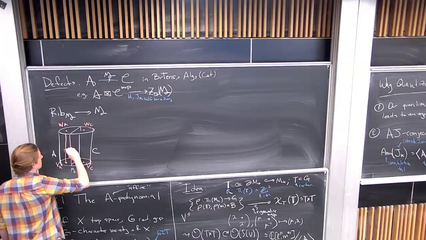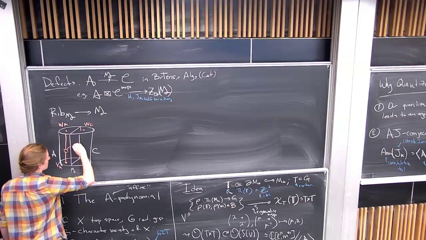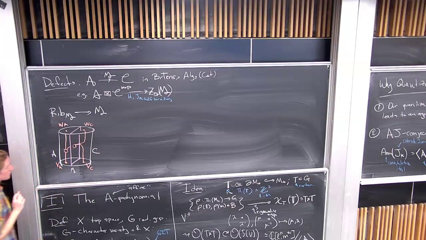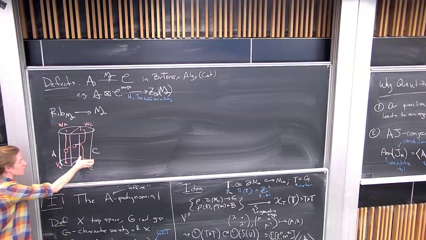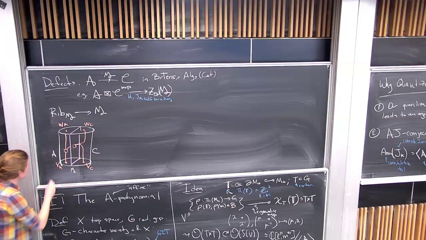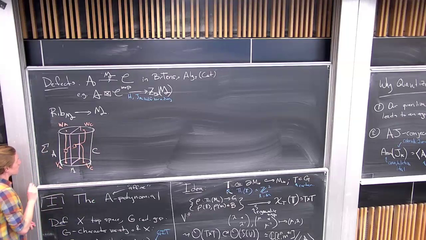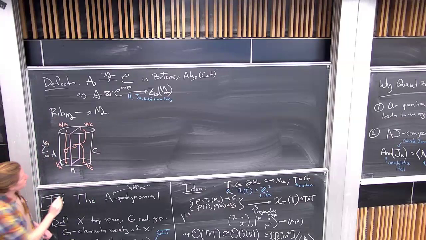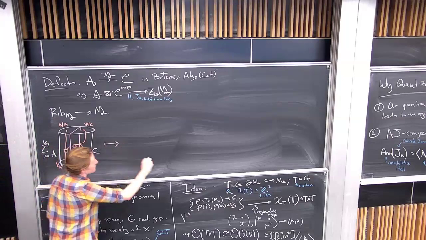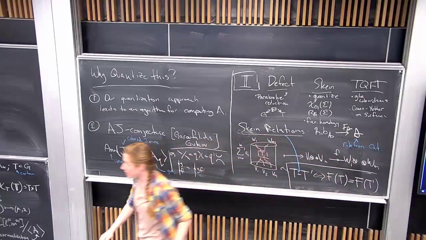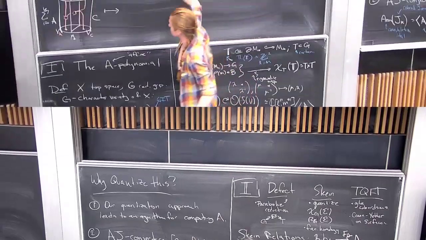In particular, I can go through my defect like this. Right? Is it clear? I can have stuff on both sides and I can have stuff passing through. So this is my new picture, and I allow myself to have sums of these things, finite sums. And what I'm gonna do is, before I want to send this to some morphism in my target category, or in my coefficient category.